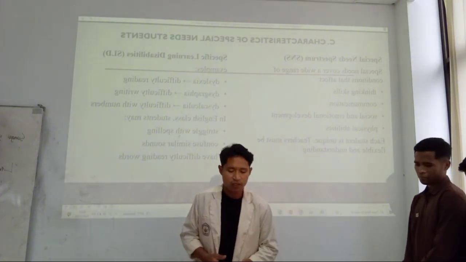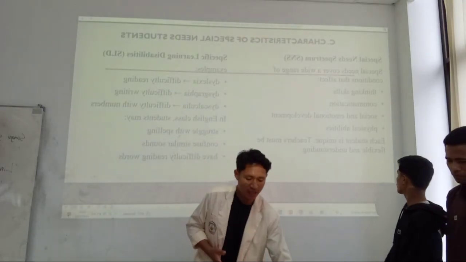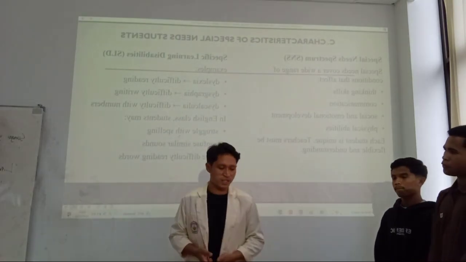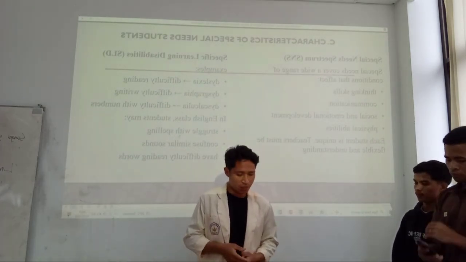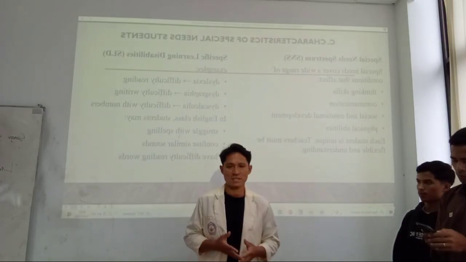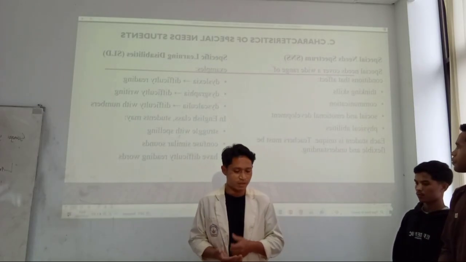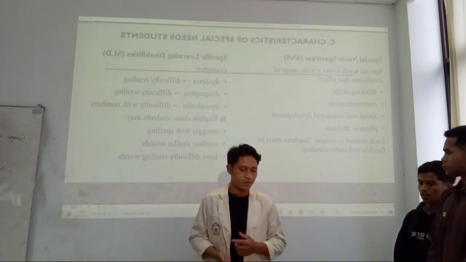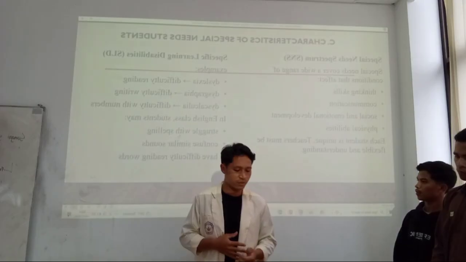The first is specific learning disabilities, or SLD. It relates to a neurological condition that affects the brain's ability to receive, process, analyze, and store information. It can affect the ability to read, which we call dyslexia, as well as dysgraphia or dyscalculia.